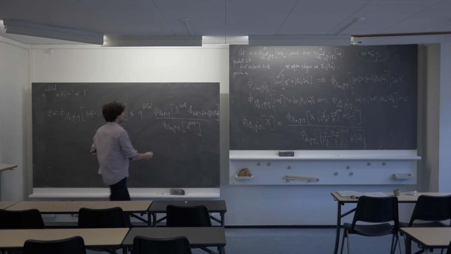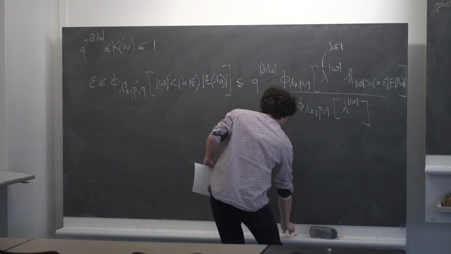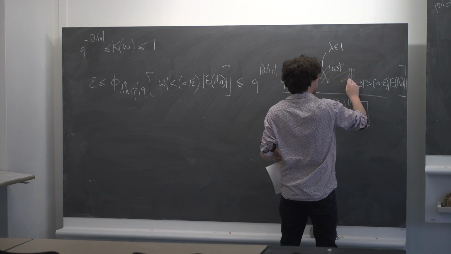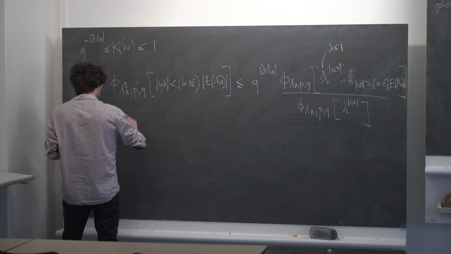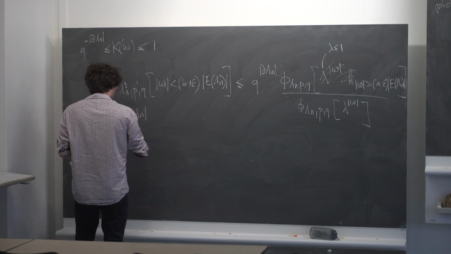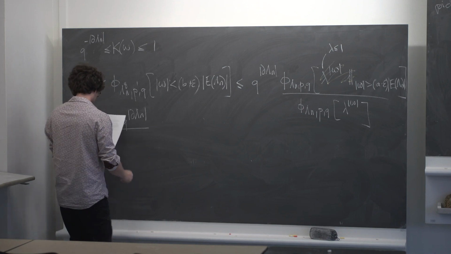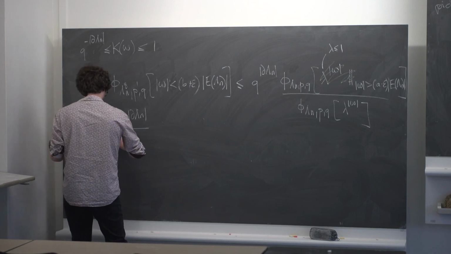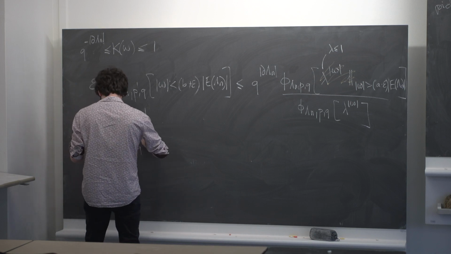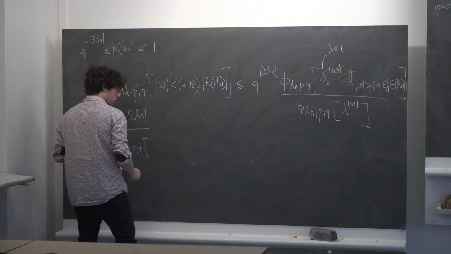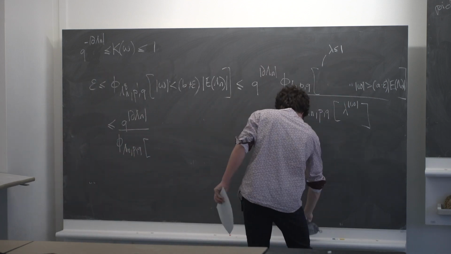Now lambda is smaller or equal to 1, so I can just forget about this inequality here. And I get smaller or equal to q to the boundary of the box divided by, well, phi lambda n pq. Sorry, I cannot, of course, get rid of this one.